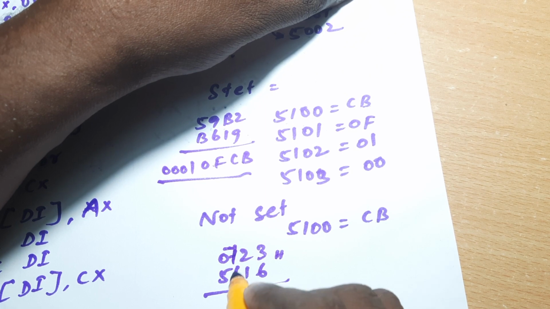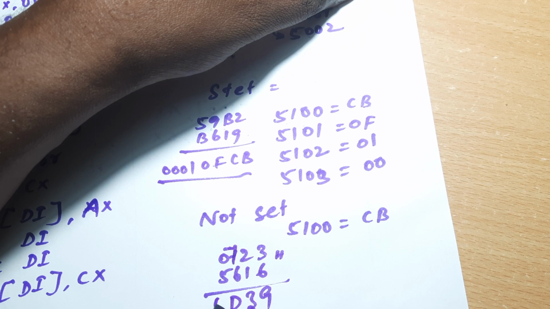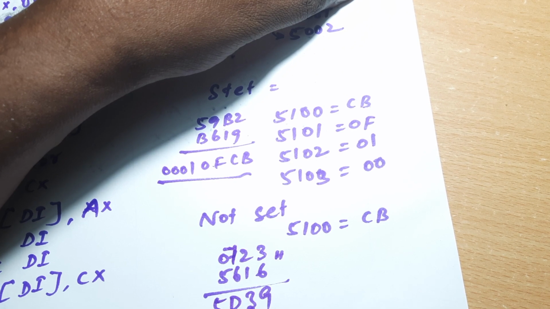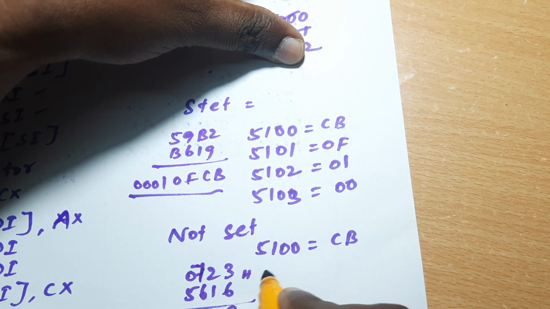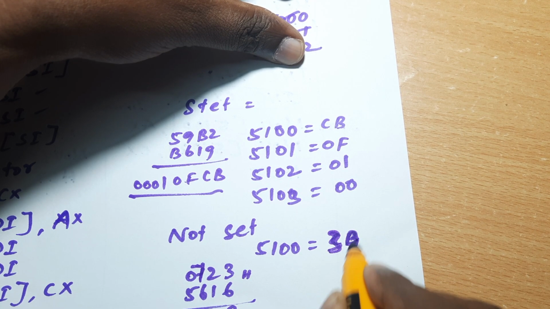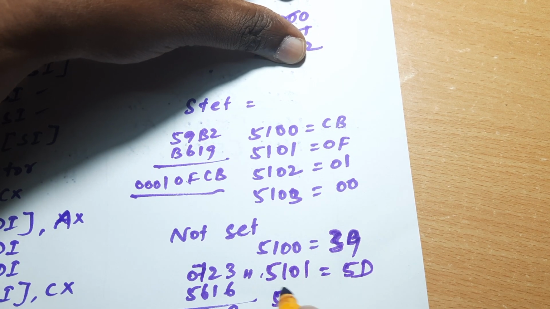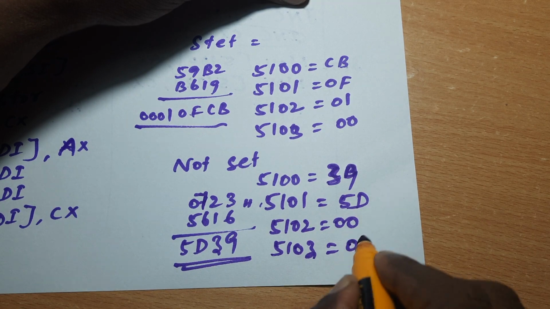Fine. 3 plus 7 is 13, 13 is D, and 0 plus 5 is 5. Now carry is not set, so here we have 39. So 5101 will have 5D, 5102 will have 00, and 5103 will again have 00.